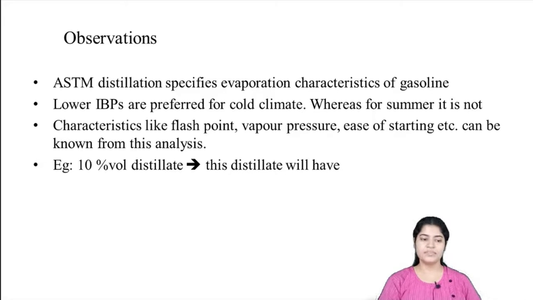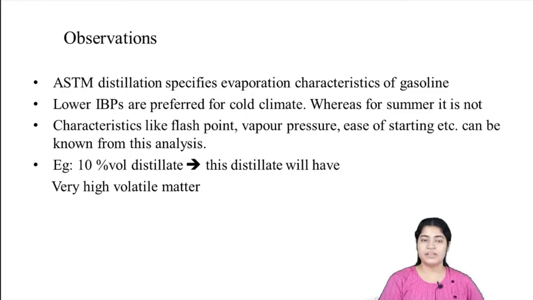Taking an example, suppose for 10% volume distillate I have to know how this ASTM distillation plot will help me. 10% volume distillate means the distillate when 10% volume was collected. What would be the characteristics of that distillate?